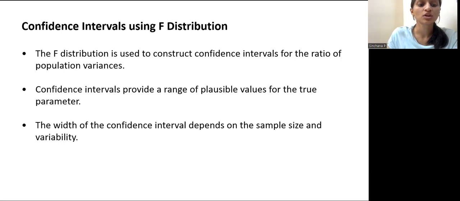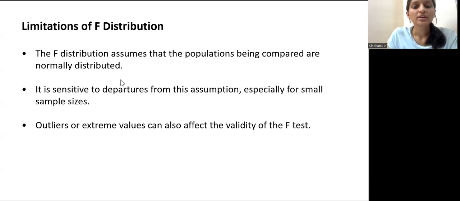However, researchers should be aware of the limitations and carefully consider the appropriateness of its use in their specific analytical contexts. It is sensitive to departures from the normality assumption, especially for small sample sizes.